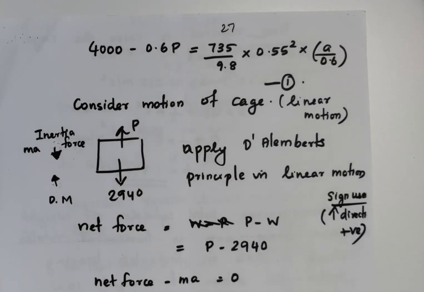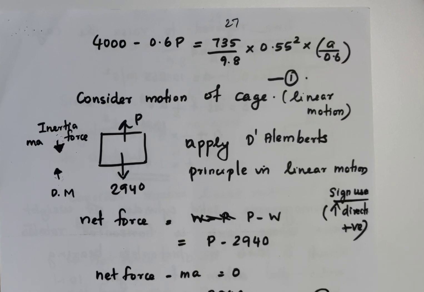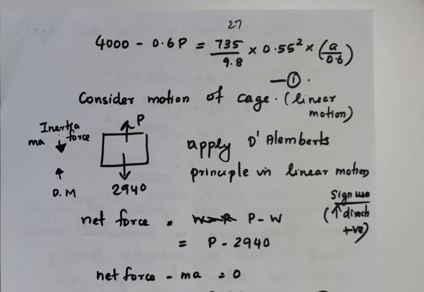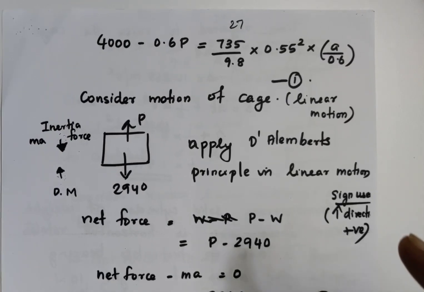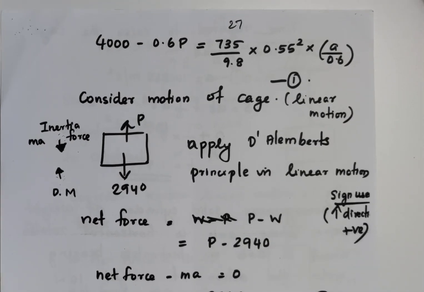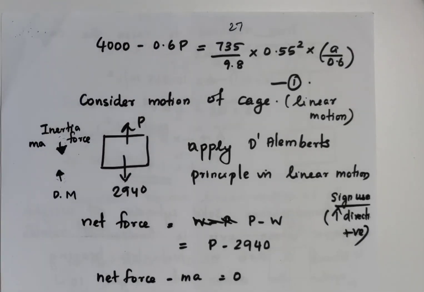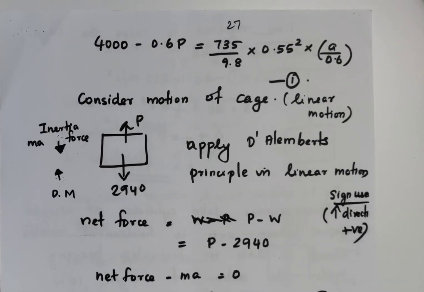So now the equation is 4000 minus 0.6 P is equal to 735 divided by 9.81 into 9.81 into 0.55 square into a by 0.6. So that is the first equation.